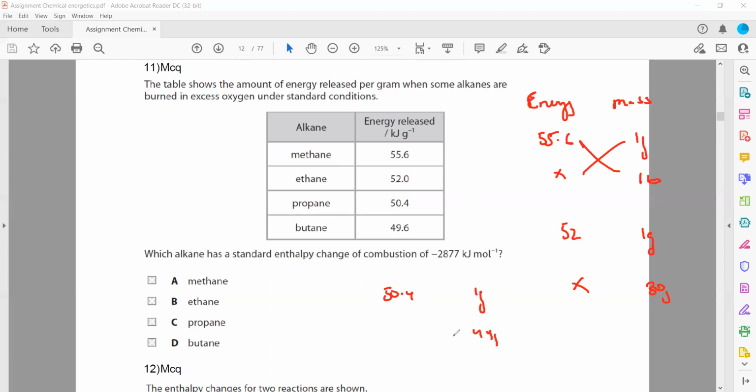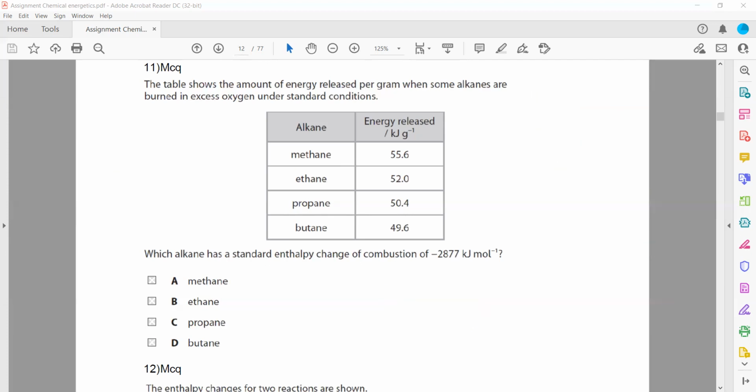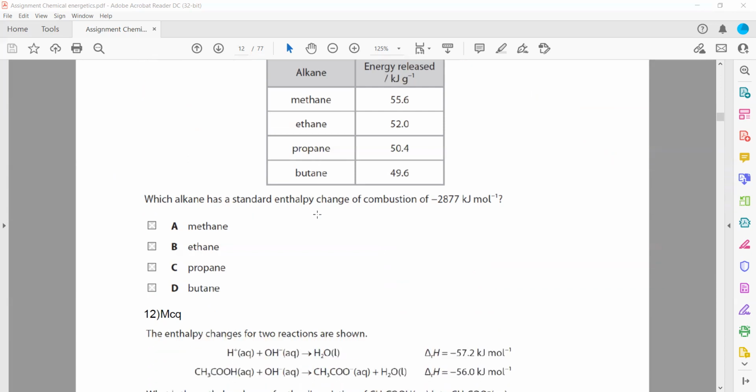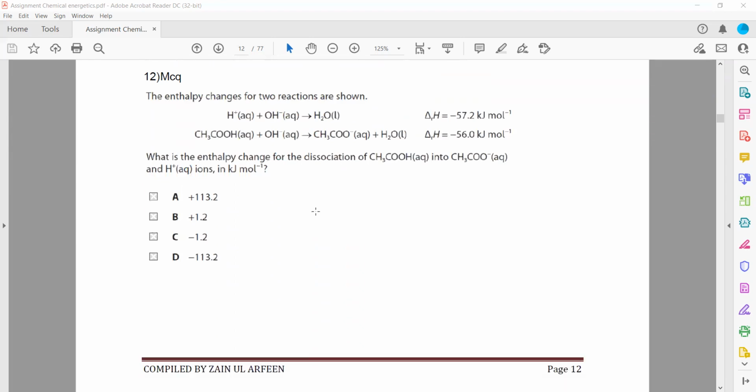If we have 44 grams, this will be X. For butane, 49.6 is for 1 gram, but 12 multiplied by 4, 48 plus 8, 56 grams, it will be X. So cross multiply, and it matches with option D. Both ways it can be done: instead of converting into moles, you can just use what mass 1 mole has, and compare accordingly.